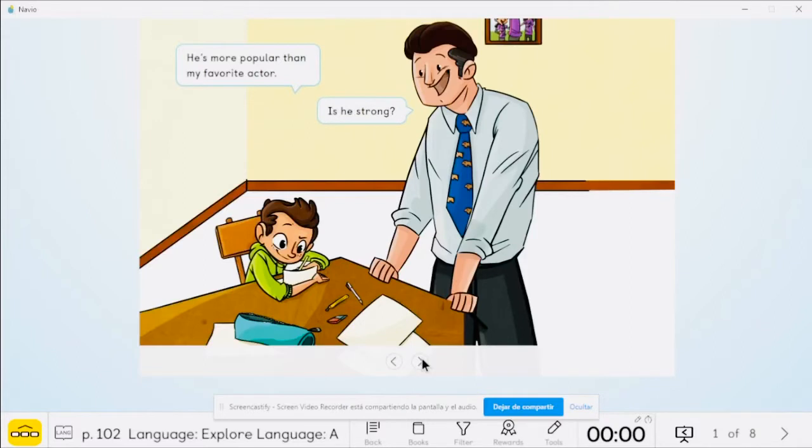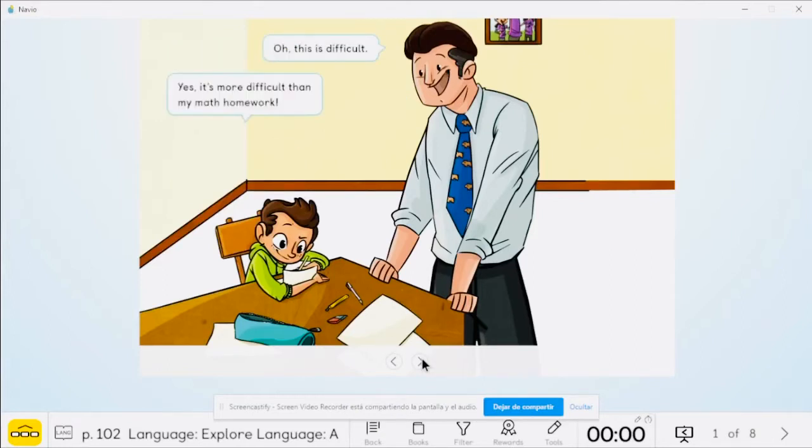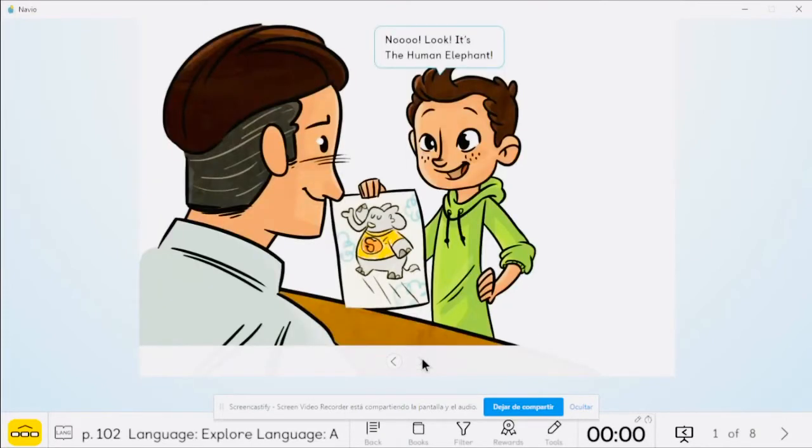Is he strong? He's stronger than an elephant. Oh, this is difficult. Yes, it's more difficult than my math homework. Is it me? No. Look, it's the human elephant. Oh!